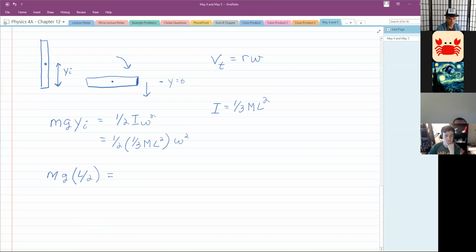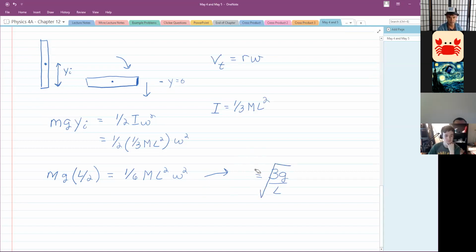So 1/2 times a third is 1/6 ml squared times omega squared. And then if I solve for omega, what am I going to get? The masses cancel out. I'm going to get the square root of 3g over L.